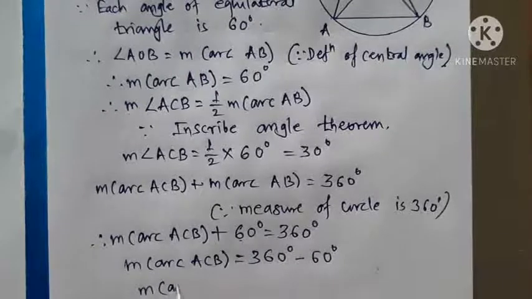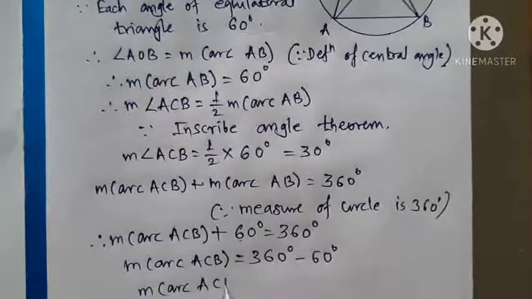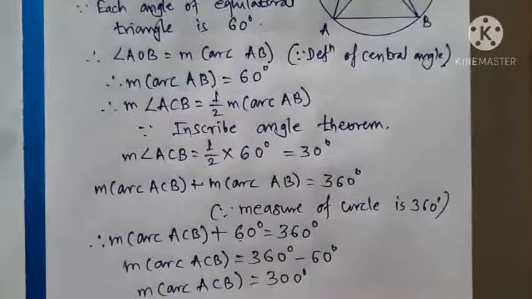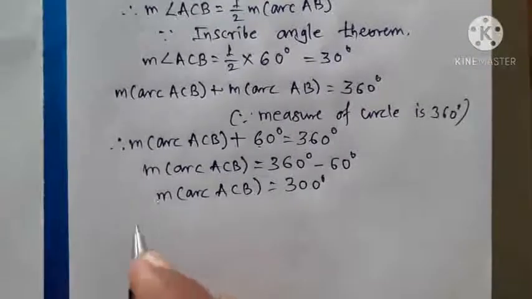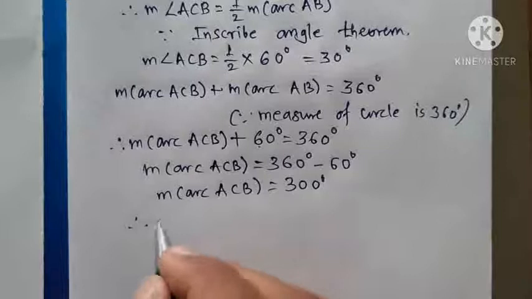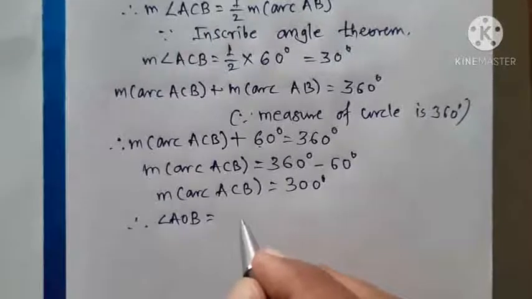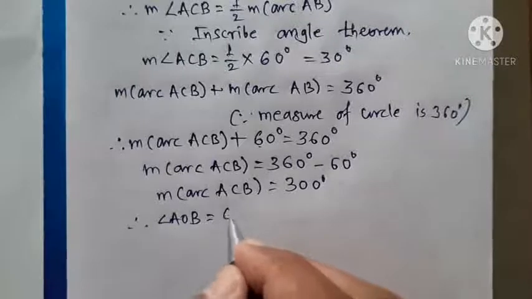Therefore, measure of arc ACB is equal to 300 degrees. Therefore, first angle AOB is equal to 60 degrees.